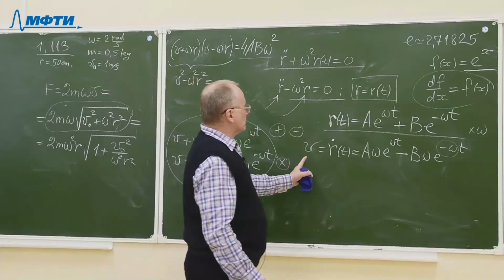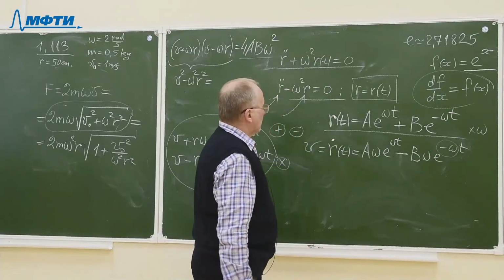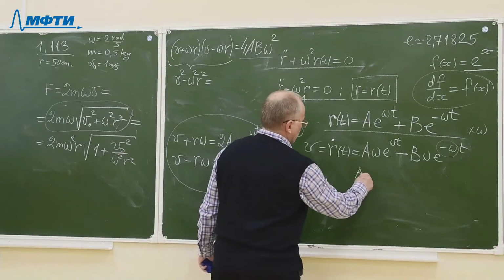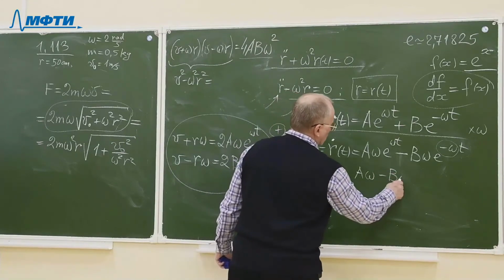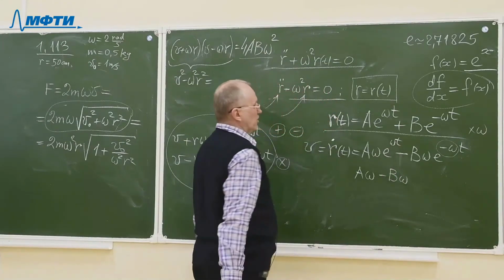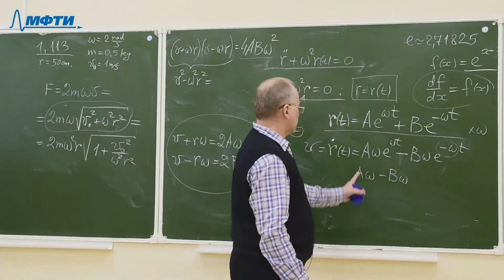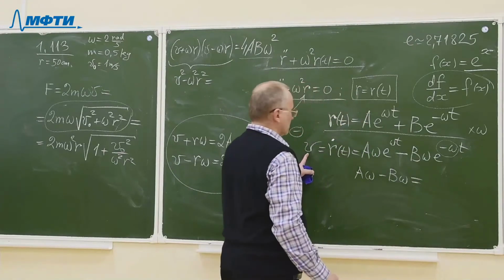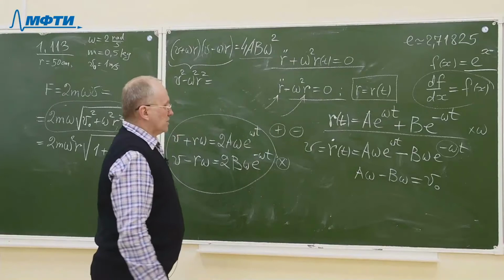When t was 0, I will obtain such a condition: a omega minus b omega. If t is 0, then the exponent equals 1, 1 here and 1 here. So what remains? A omega minus b omega, and that is the initial velocity which is given in the problem, v0.